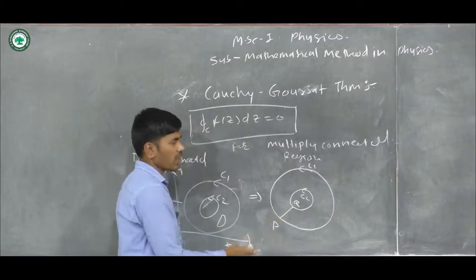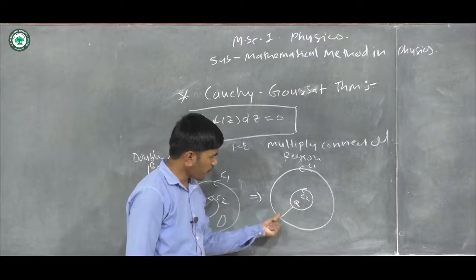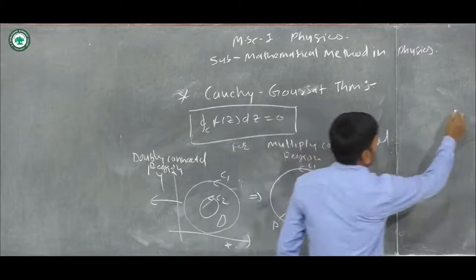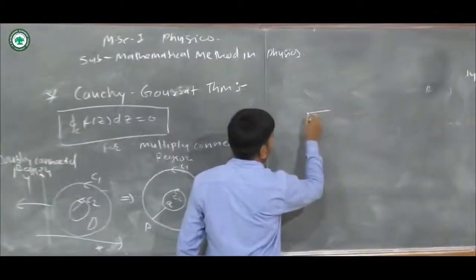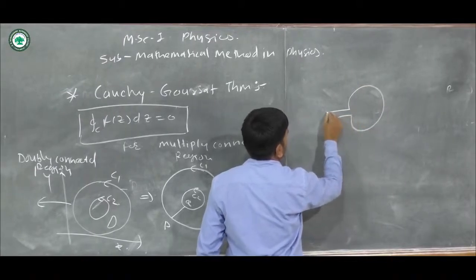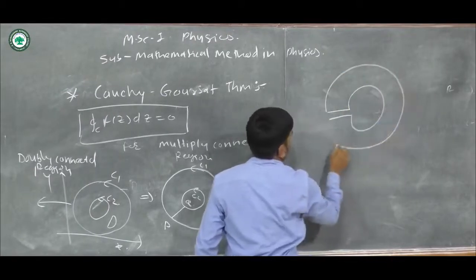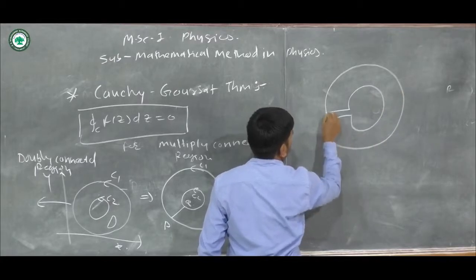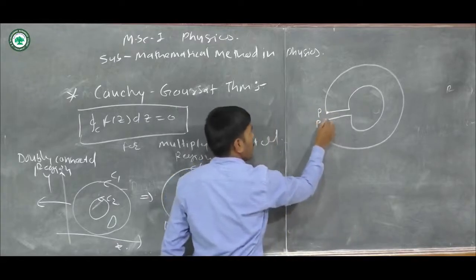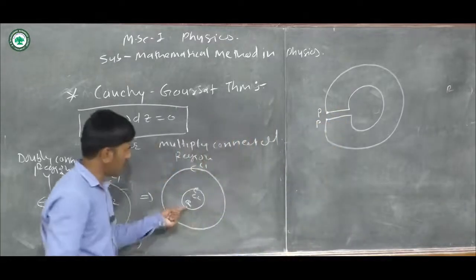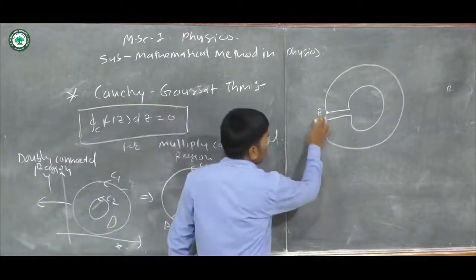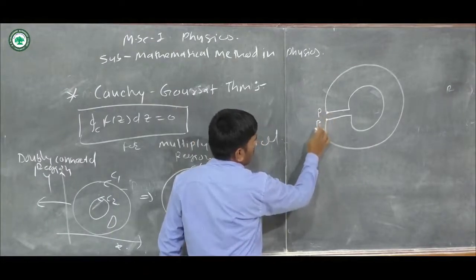This cut makes a passage between point P and Q, like this. This point is P, this point is P, and this is also P, because this passage is very small, as we only just cut. So this point P and this point are the same thing.